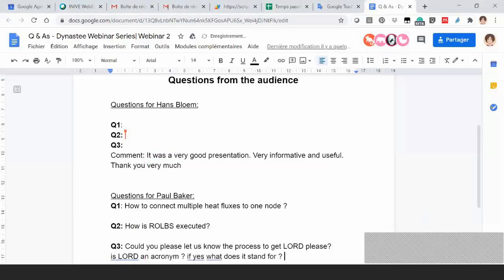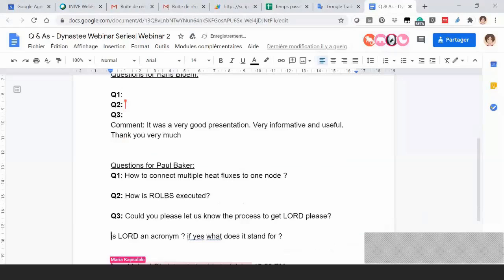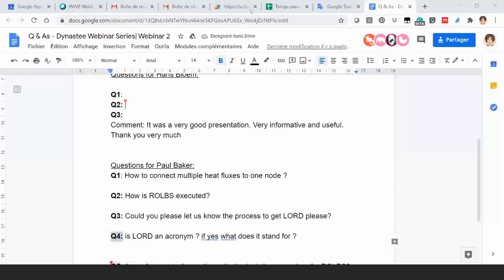There is another. Sorry. What does LORD stand for? I don't remember, but it's mentioned as the. Do you know, Hans? Yes, a logical resistance determination.